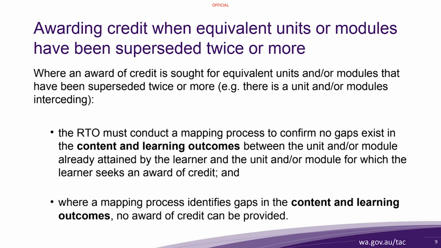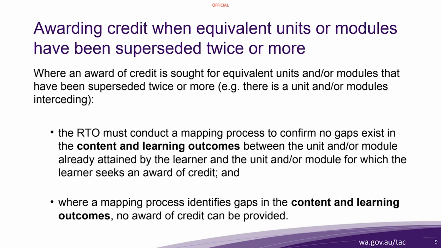Awarding credit when equivalent units or modules have been superseded twice or more becomes a bit of a challenge, because when we look at the current unit of competency, it does not mention other units of competency, only the one that immediately precedes it, and only where it says it is equivalent. As the previous slide said, if it immediately precedes the current version, then you can use it for credit if it's equivalent.